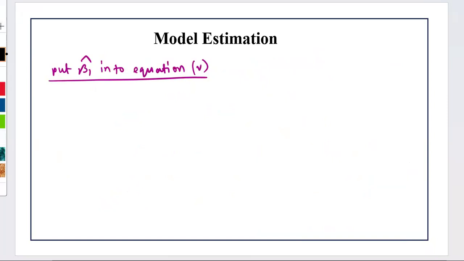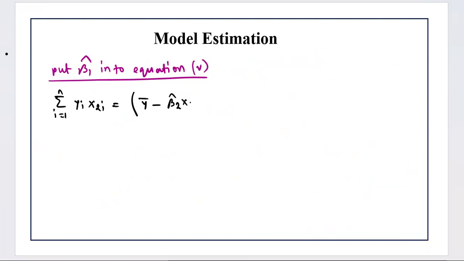So if you do that, see, what will you get? Summation 1 to n. I know the calculation is a little lengthy, but if you know the process, you can easily do it. It's just calculation. So instead of beta 1, put y bar minus beta 2 cap x2 bar minus beta 3 cap x3 bar. And then you have summation i from 1 to n x2i.